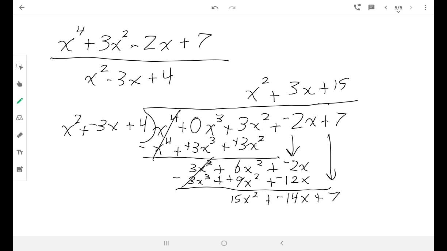So I'll distribute a 15. That'll be 15x squared plus 15 times negative 3 is, let's see, that's a negative. First of all, positive times negative is negative.